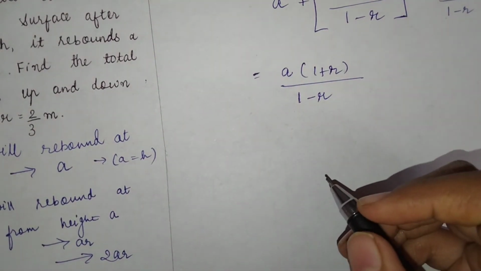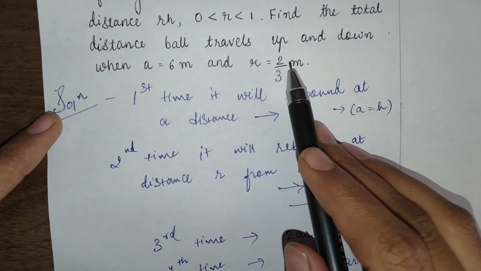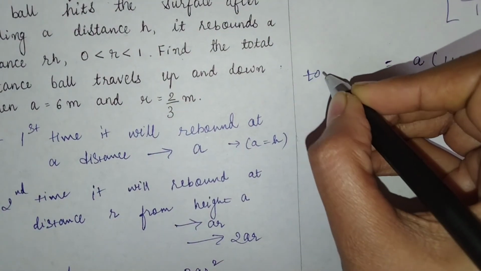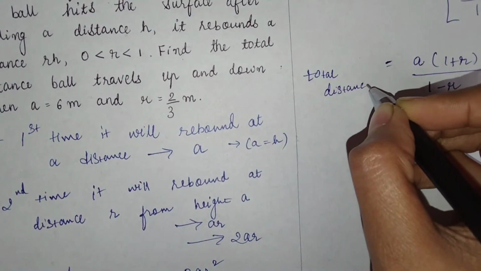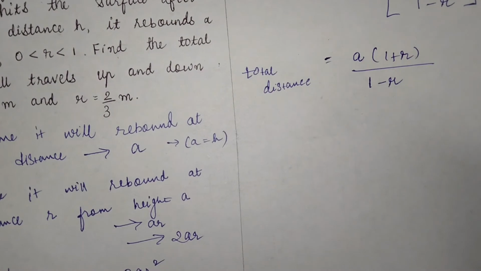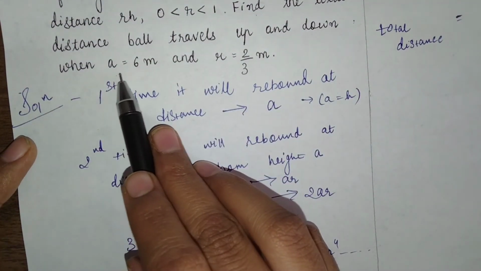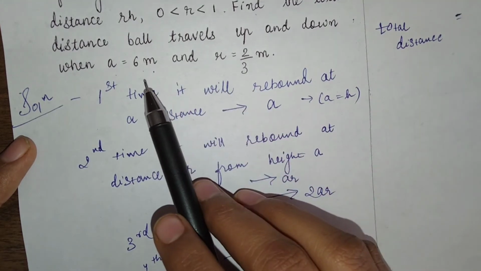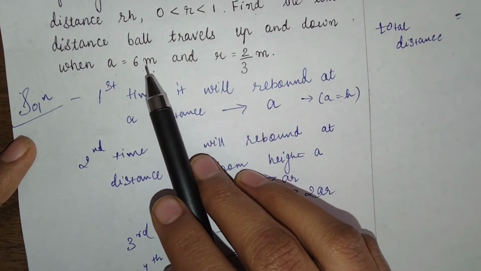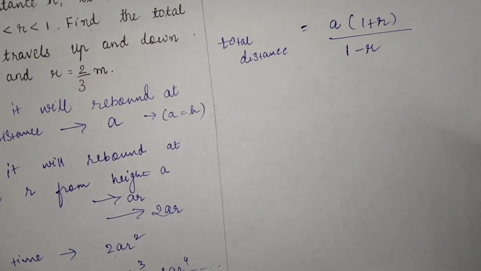Okay? Now, what is told in the question? What is the total distance? This is the total distance we got. Okay, we got the total distance of the ball. But they asked what is the total distance when a is equal to 6 and r is equal to 2 by 3. So we just have to substitute the values of a and r in this equation. Okay?